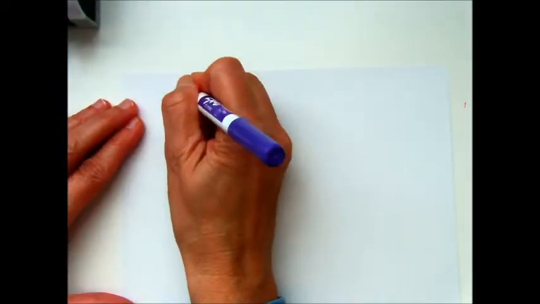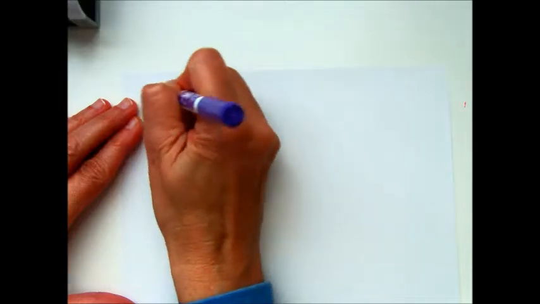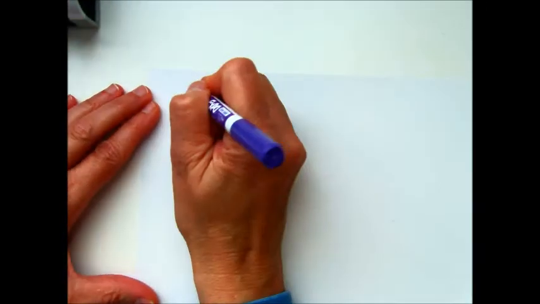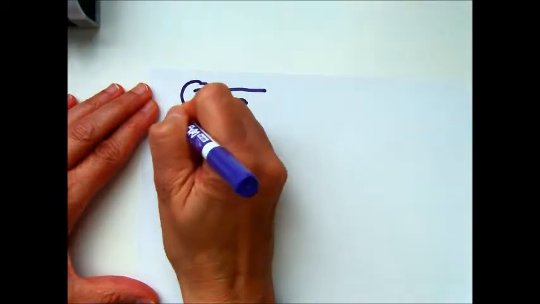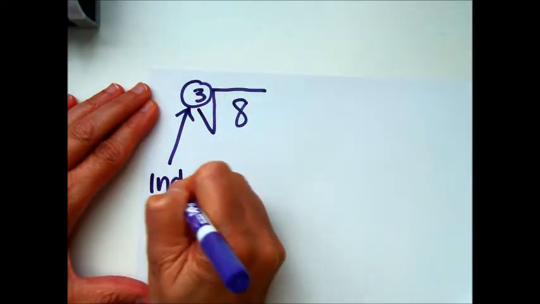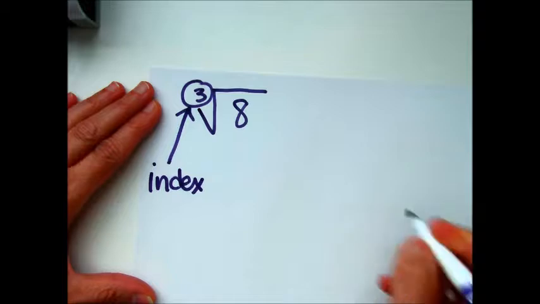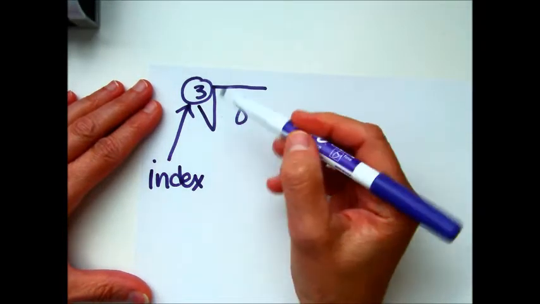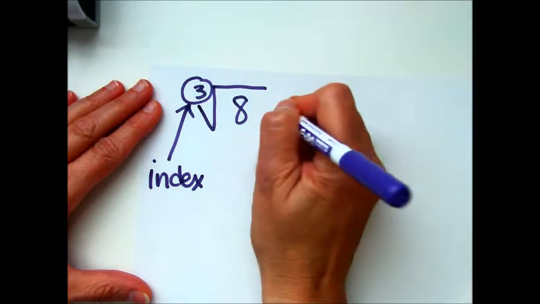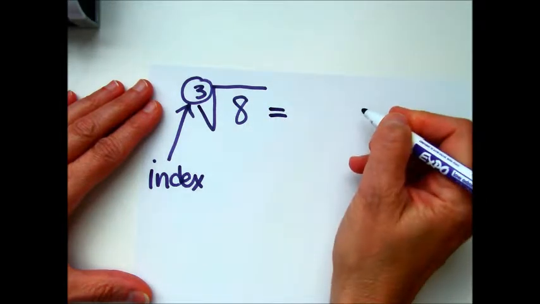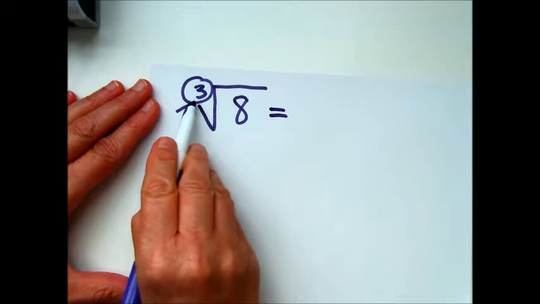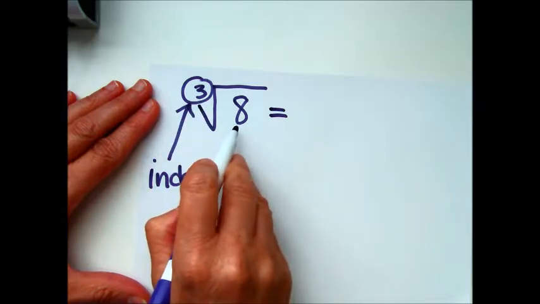But sometimes you're going to see a little number in that little left corner, something like this. So this number here is called the index. And that's going to tell you how many times you're going to multiply the base to get this number.